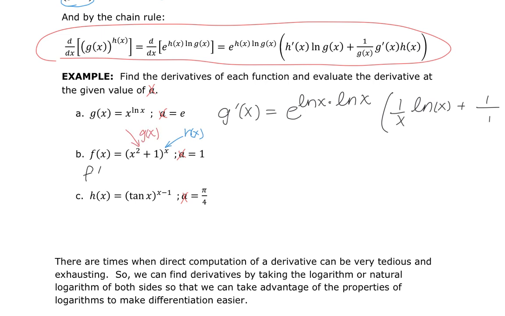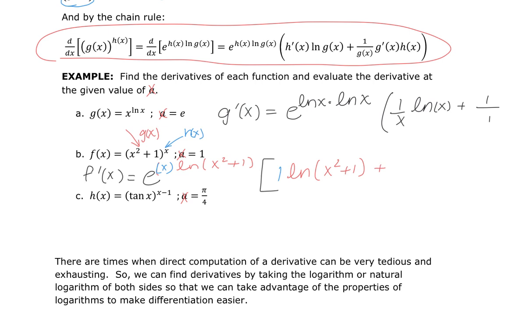So then f prime of x is going to be equal to e raised to the h of x, which is just going to be x. So this is going to be x, multiplied by the natural log of my g of x, which is x squared plus 1. Then this gets multiplied by the derivative of my h of x, which is just x, so the derivative is 1, multiplied by the natural log of x squared plus 1.